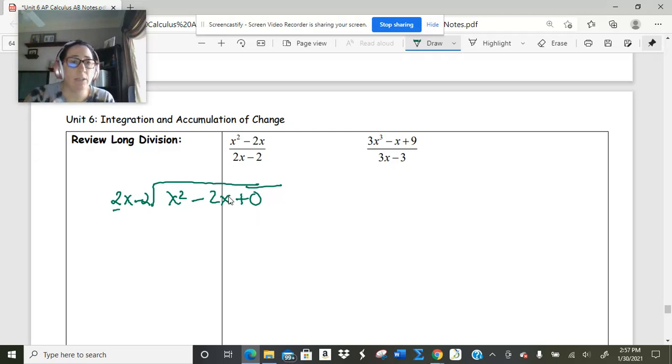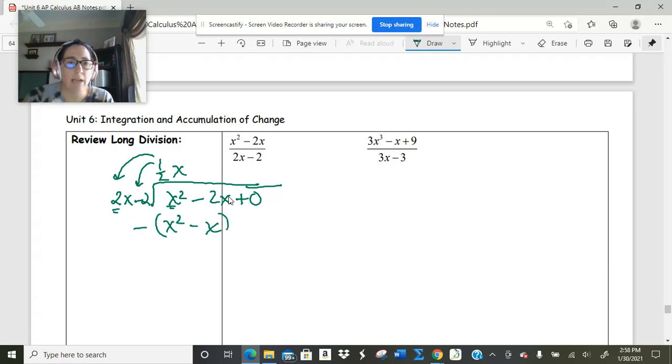So then I say, well, what do I need to multiply 2x by to get to x squared? Well, I definitely need to multiply by an x, but I need the coefficient to be 1, so I'm going to have to multiply by a 1/2. So now I take that and I distribute to both. So that would be an x squared minus an x.